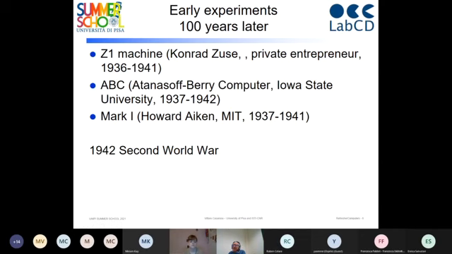However, the point is that all of these research projects at some point were interrupted by the Second World War. And the difference between the US and Germany is that while the US really believed that computers could be a very strategic weapon and a very strategic asset in time of war, Germany somehow did not think about that.